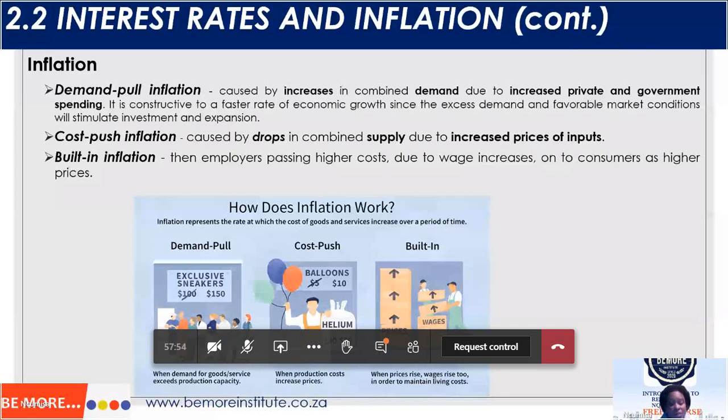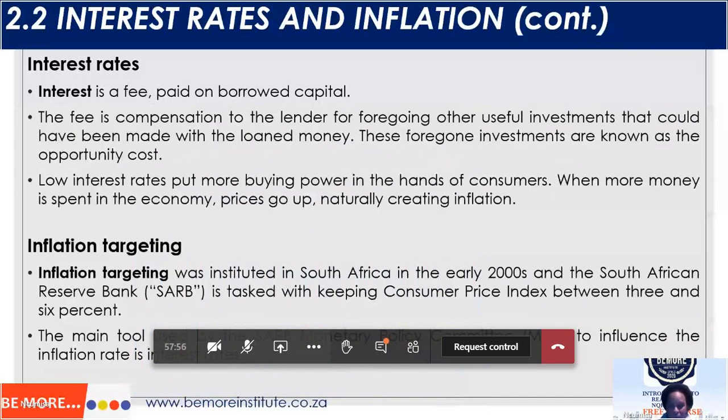Another concept we are going to look at is interest rates. What are interest rates? Interest is a fee paid on borrowed capital. The fee is compensation to the lender for foregoing other useful investments that could have been made with the loaned money. These foregone investments are known as the opportunity cost, as we spoke about earlier.